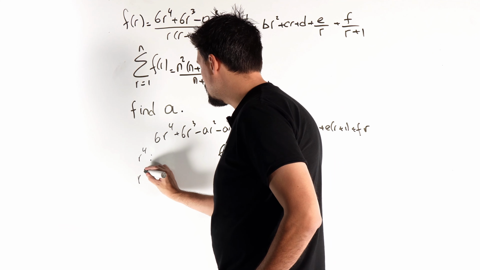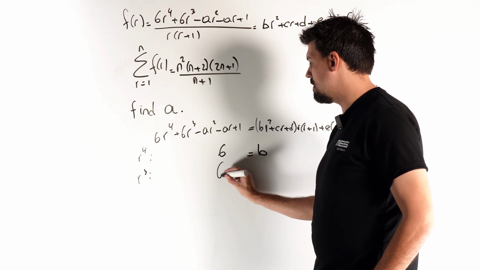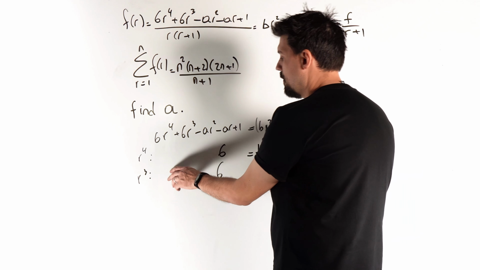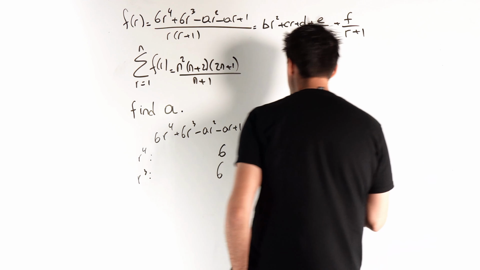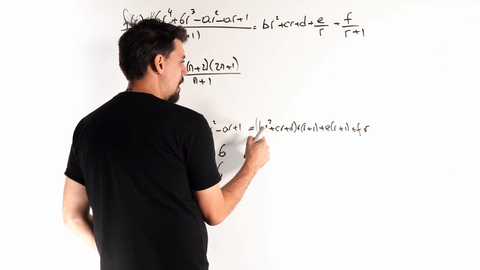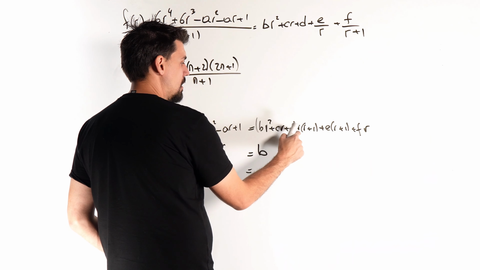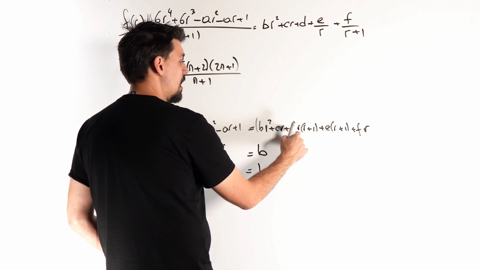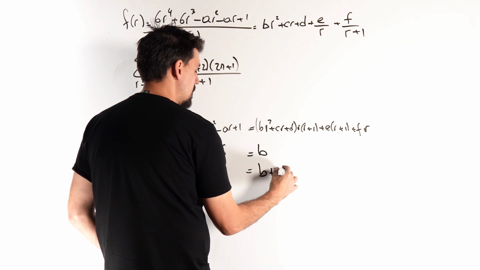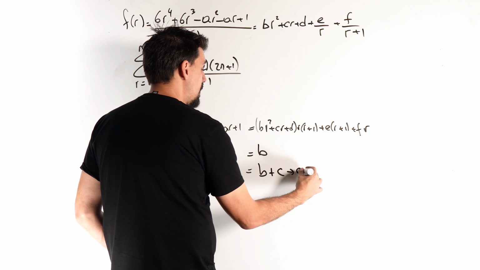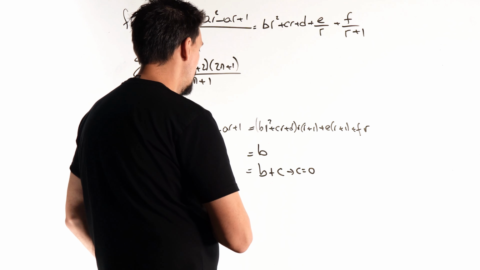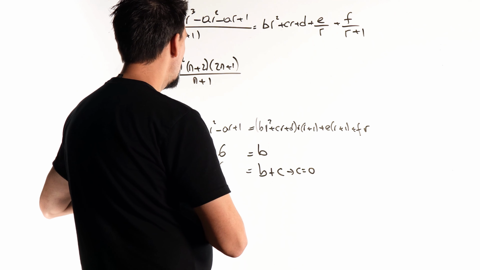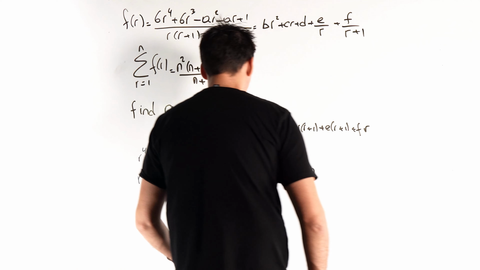In the same way, we can get r cubed quite easily. So 6r cubed: I could get br squared times r times 1, so b of them, and cr times r, so plus c. That tells me that c is 0, so that's quite handy.